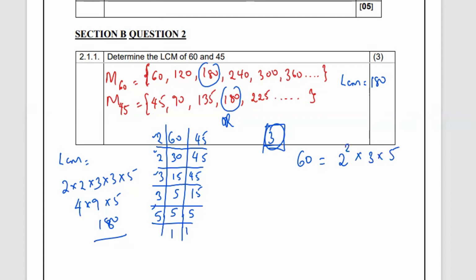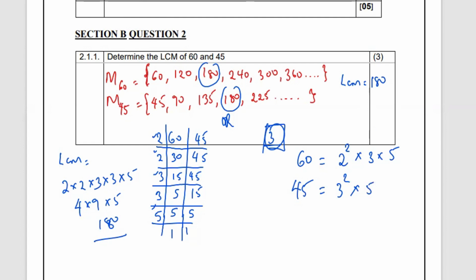The numbers that divided 60 are 2, 2, 3, and 5. Perfect. And then when I look at 45, the numbers that divided 45 give us 3 squared and then a 5.